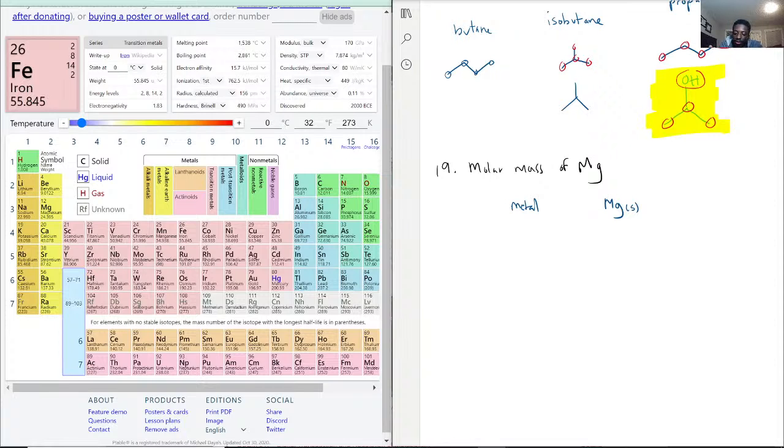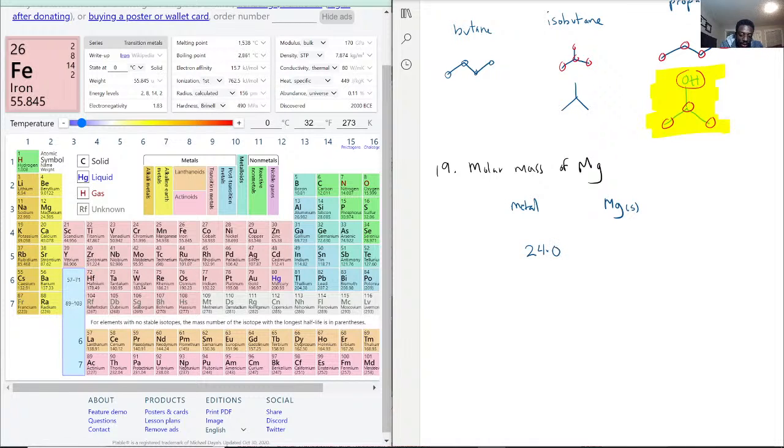They just show up as themselves, no double bonds, nothing like that. Because it shows up as itself, you can just read out the atomic mass, and that would be your molar mass.